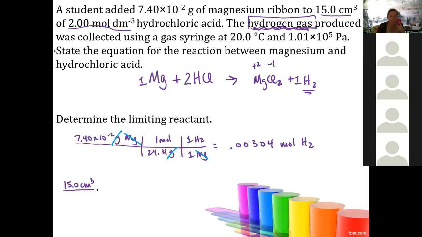You divide them by 1,000? Yep, step 1, I need to turn my cubic centimeters into cubic decimeters. Perfect. So now I have cubic decimeters. What can I do with this to get to moles? Oh, I should put my HCl in there.